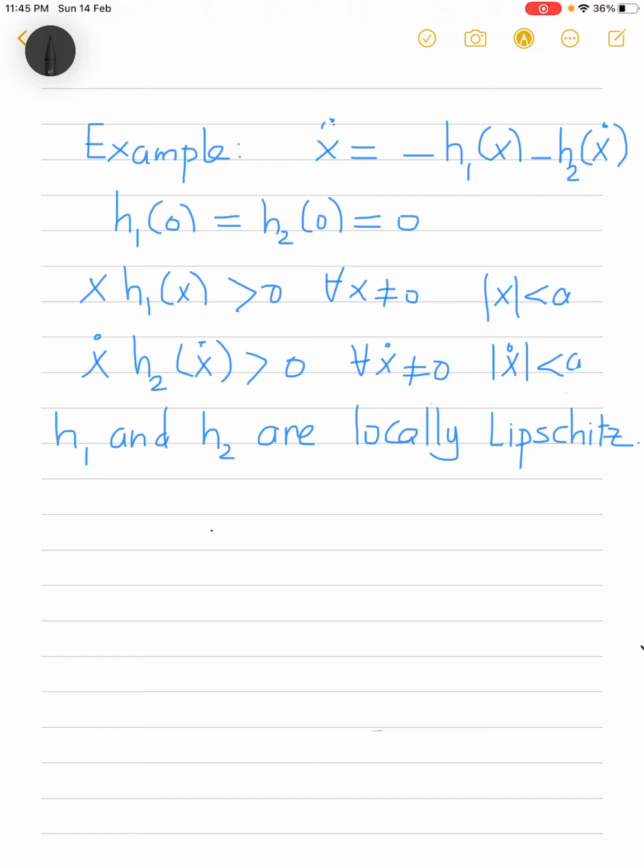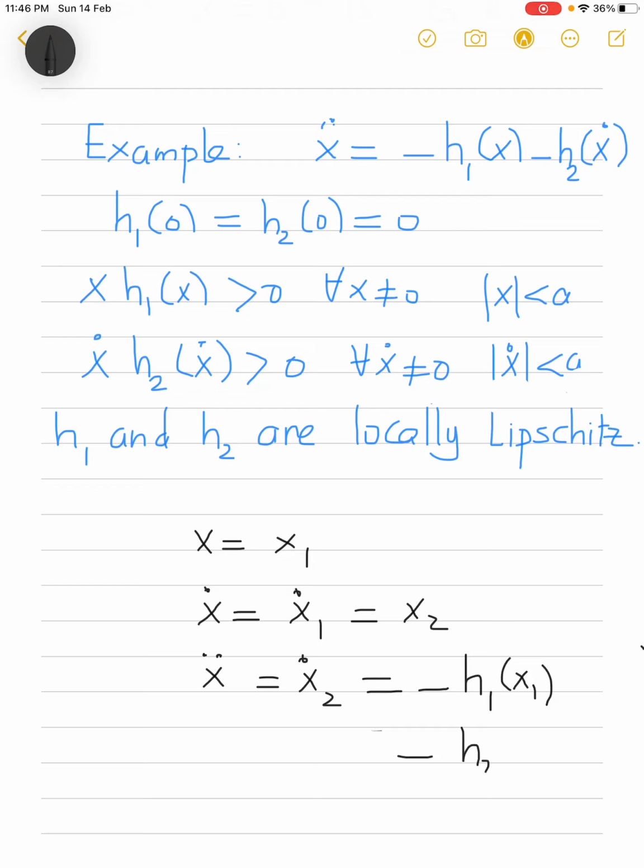So I'm going to take x equal to x1, and x dot, that would be x1 dot, take it to be x2, and x double dot, that will be x2 dot, and I will substitute from the original system equation, so that will be minus h1 of x, but x is x1, minus h2 of x dot, which is x2.